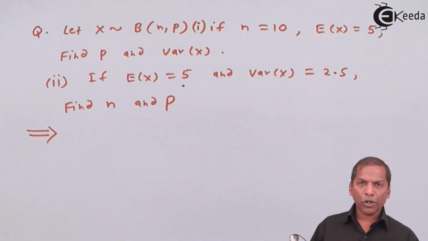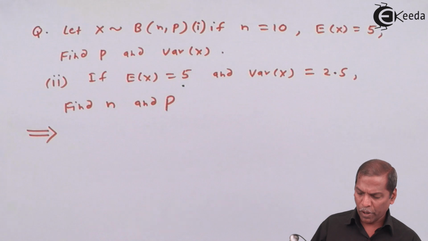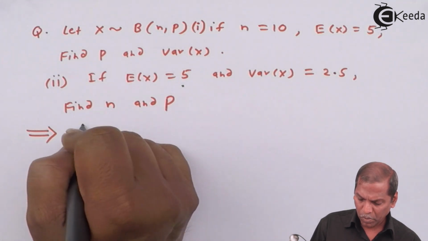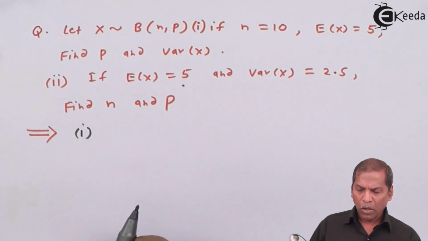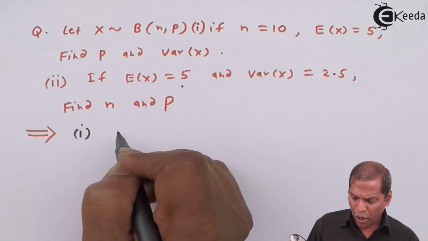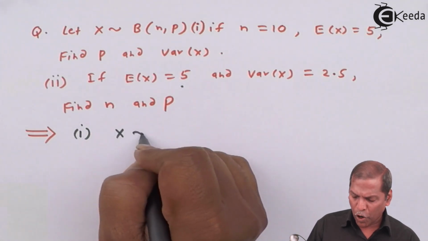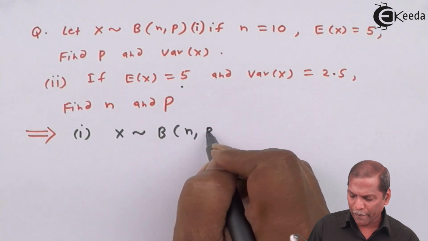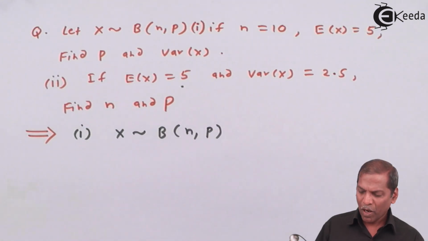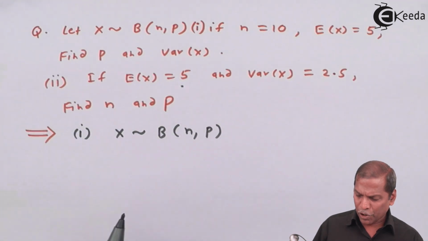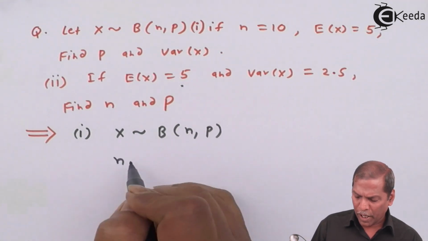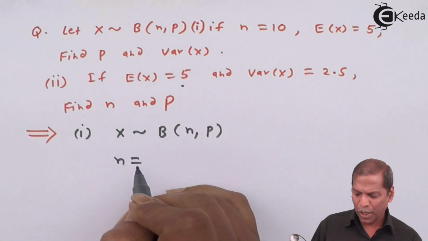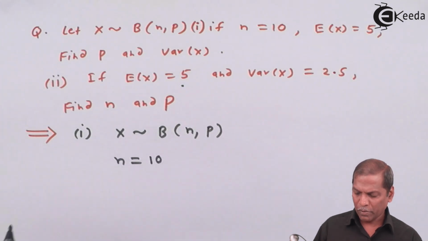Now let's see the solution of the first part. In the first part, we are given that x follows binomial distribution with parameters n and p. Also, in the question, we are given n, that is the number of trials, is equal to 10.